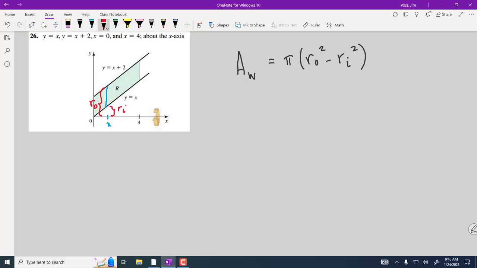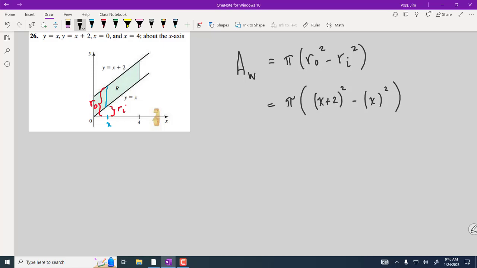It's going to be the upper curve. So this will be pi multiplied by x plus 2 quantity squared minus, once again, the inner curve is x, so it's just x squared. So that is the area of the washer at x.